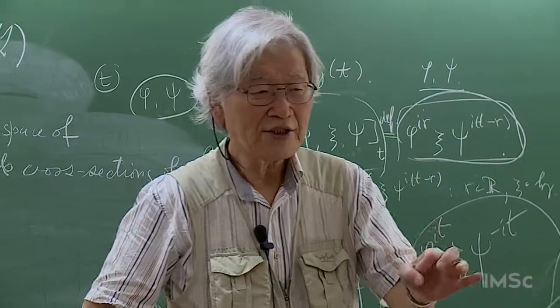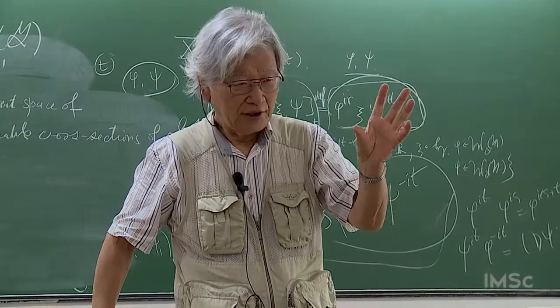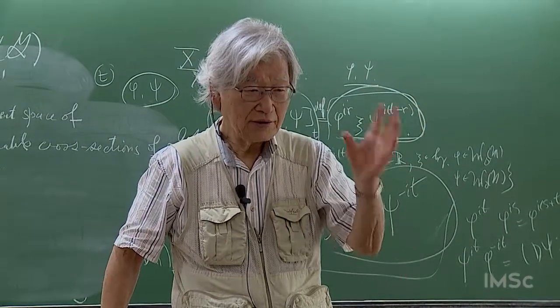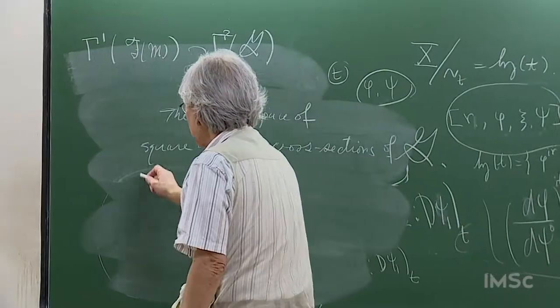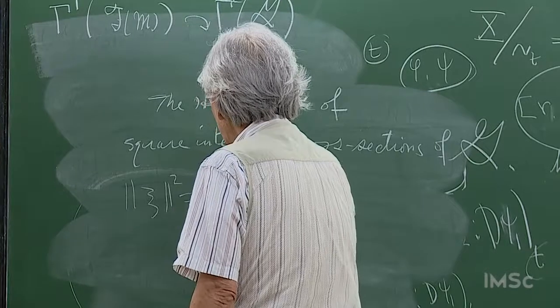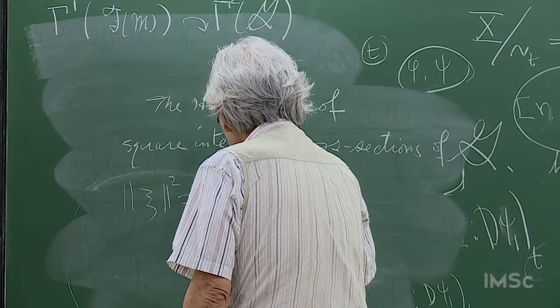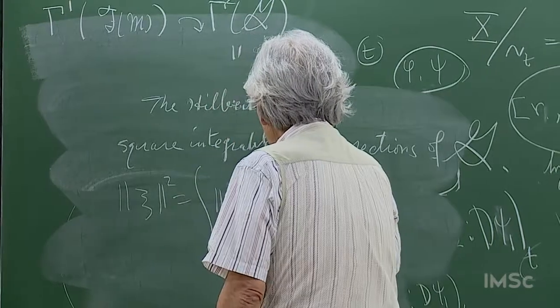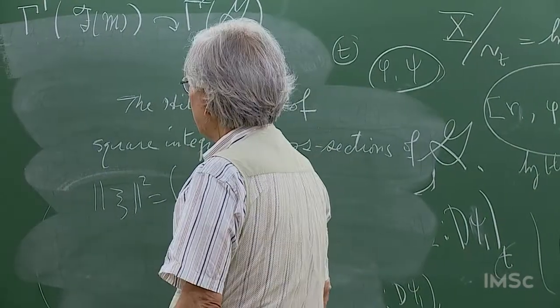So the value at T has to land in H of T. Okay, and so the norm square of psi is the integral of the norm square of psi of S, which sits in H of S, dS over the real line.